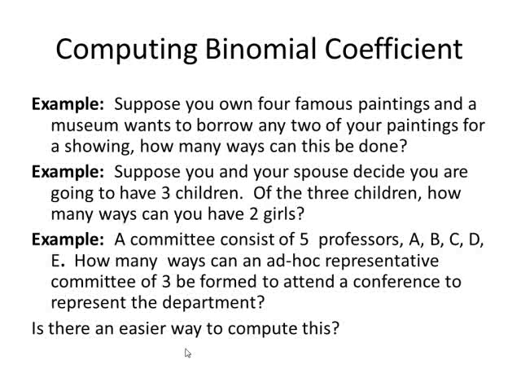So let's take a look. Suppose that you own 4 famous paintings, and a museum wants to borrow any 2 of your paintings for a showing. How many ways can this be done? Well, again, you own 4. The Denver Art Museum wants any 2 of them, and they don't care which 2 you give them. So here, order doesn't matter.